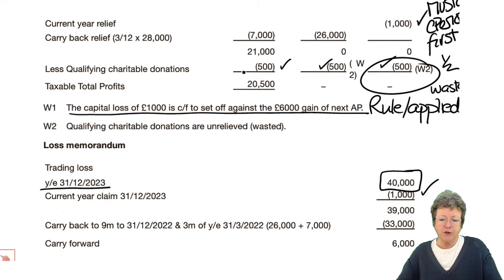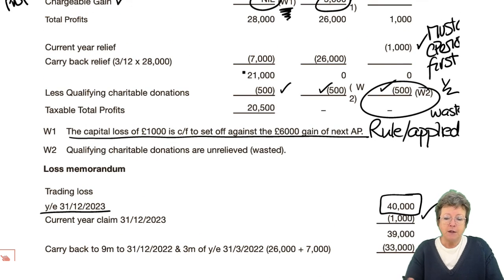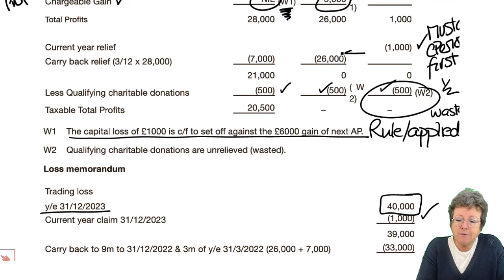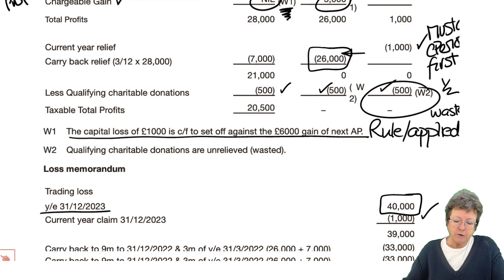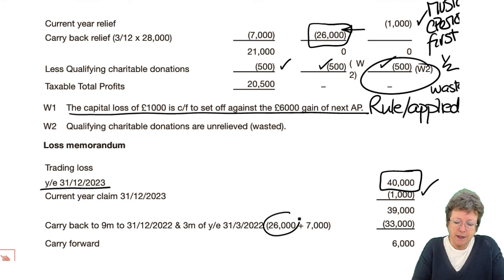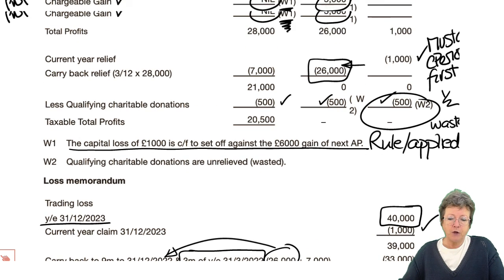So we got 39,000. Now we only need 26, so we're going to carry back and wipe this out in full. So that's the 26 that we've carried there. Okay, and then 3 months of the profits there.